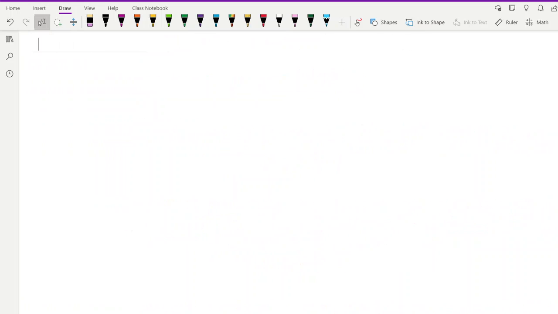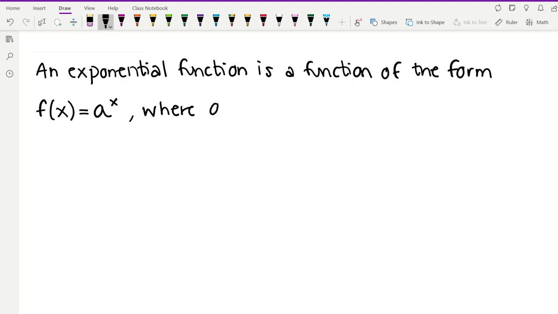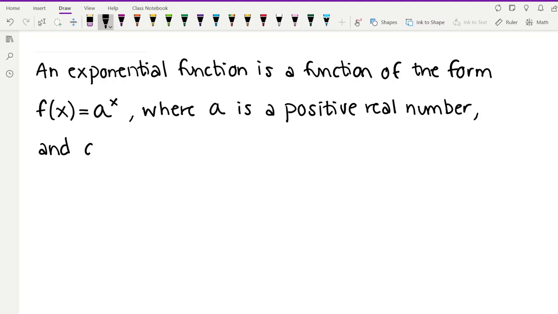Okay, so what is an exponential function? An exponential function is a function of the form f of x is equal to a to the x, where a is a positive real number, and additionally, a cannot be equal to 1.